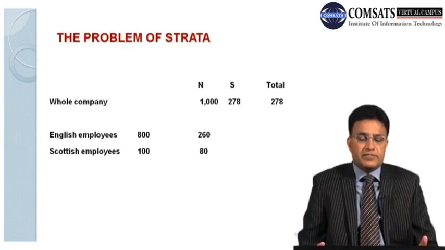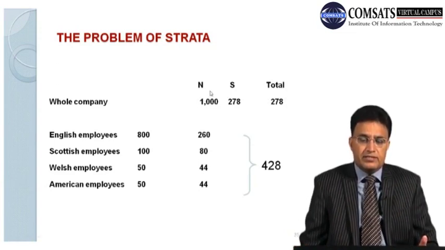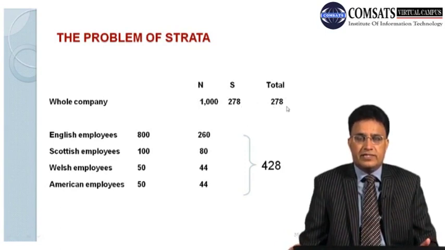So what are the problems of strata? So you have a whole company or a population, and the number is, say, 1,000 total wider population. The sample you would require would be 278. If it is homogeneous, then the total would be the same, 278.